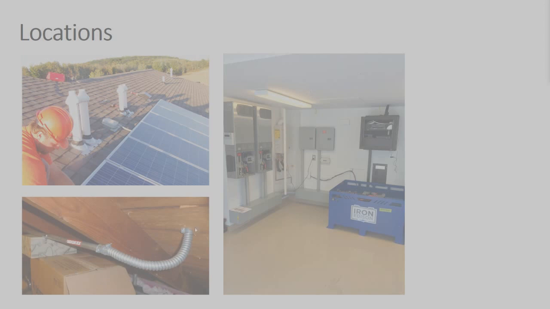Or likewise, the conduit that's buried into the ground, that's a wet location. Inside the conduit, it's going to leak. It's going to get humidity into it, and that's considered a wet location too.